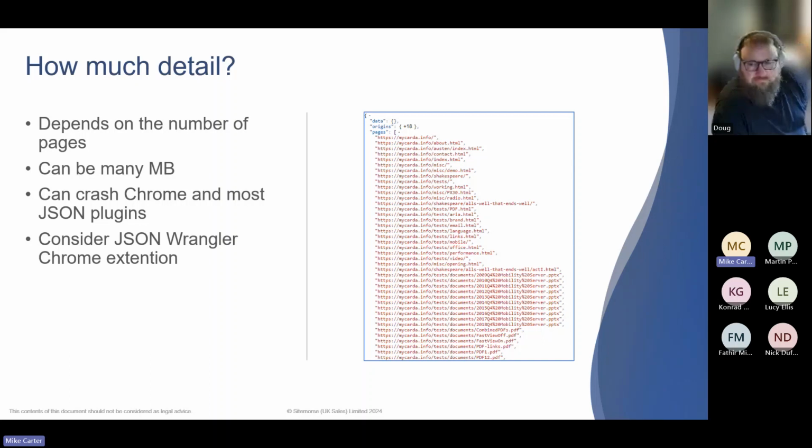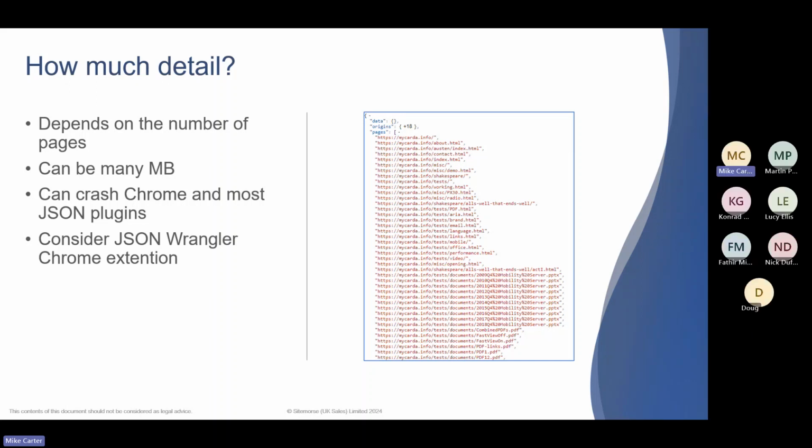It's for handling and displaying huge amounts of JSON information, whether it's come from Sitemorse or anywhere else. So if you are interested in doing that, go look up JSON Wrangler as a Chrome extension. There's all sorts of lovely stuff in there as well. You can do control clicks and so on to expand and contract various sections of it as well. And on the right, there's just a little example of some of the stuff that comes back, but it can be considerably longer than that.